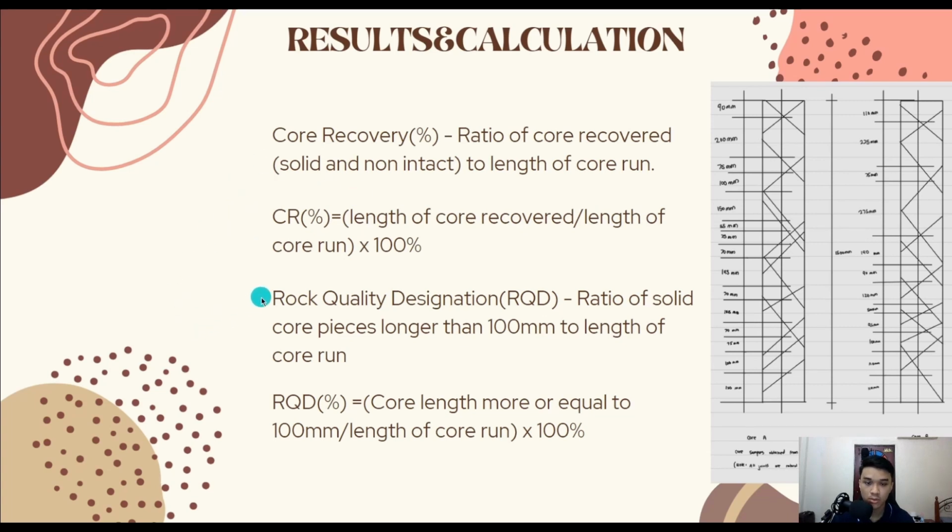Meanwhile, rock quality designation, also known as RQD, is the ratio of solid core pieces longer than 100 mm to the length of core run. So the formula of RQD, in percentage, is the core length more than or equal to 100 mm divided by the length of the core run times 100%.